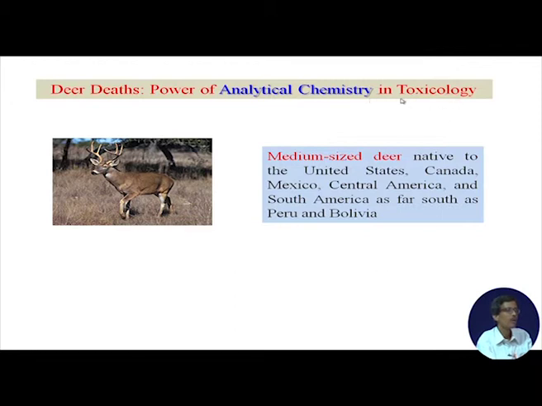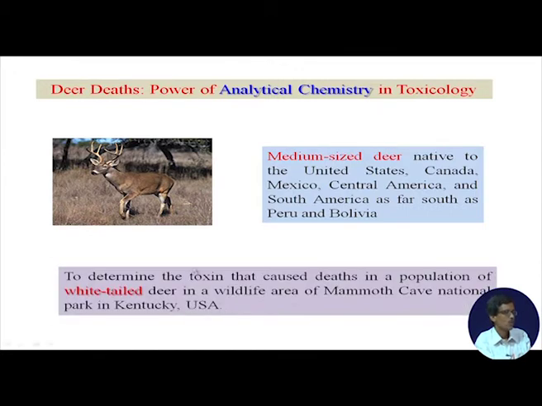When we study the toxic effect of some unknown quantity or unknown compound, it comes under the purview of toxicology. So what can we utilize for analyzing these things? Why is the toxin causing the death of deer?